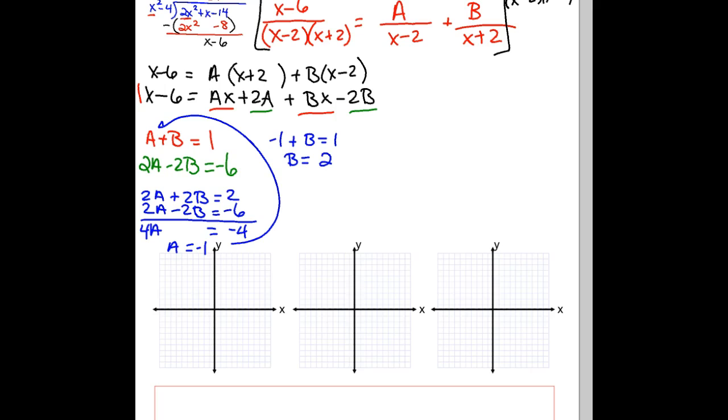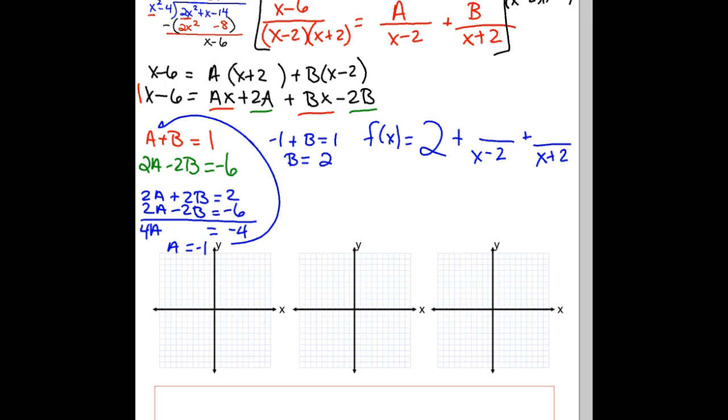Okay, so my function had a 2 that we divided out, right? And then for the fraction part, that x minus 6 over x squared minus 4, we have decomposed that into 2 partial fractions.